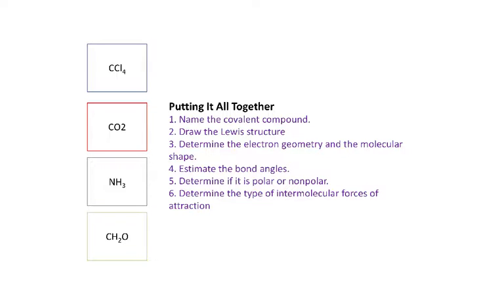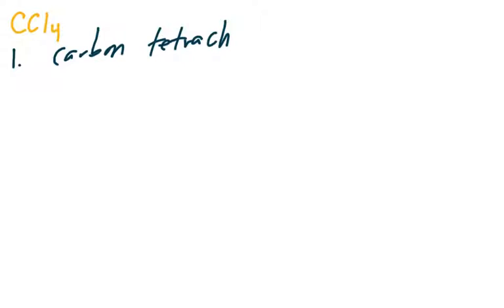Let's just start with the top though, CCl4. Our first task is to name the covalent compound. Here we use Greek prefixes, and so this would be what? Carbon tetrachloride. Next is to draw the Lewis structure.